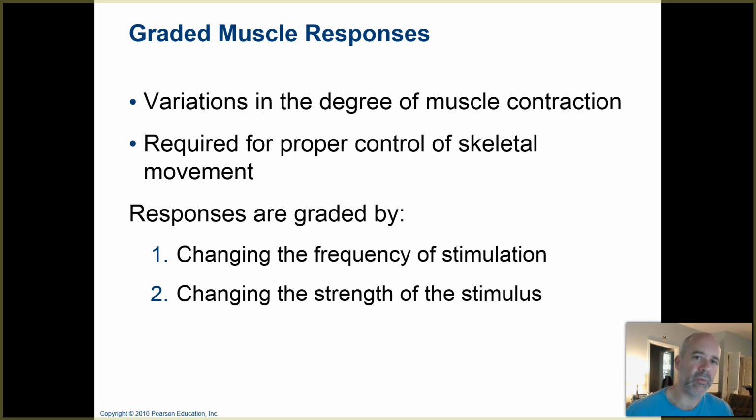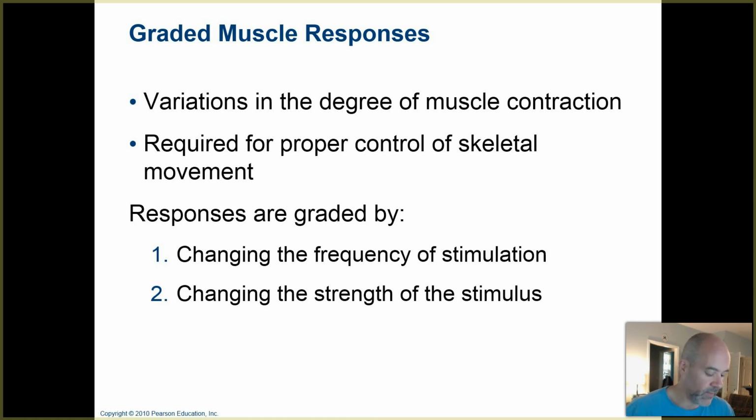Now you guys know that typically when you're using your muscles, you don't just have one twitch that lasts a fraction of a second. That's not really how they work. In reality, your skeletal muscle fibers are receiving repeat stimulation, multiple action potentials from motor neurons, so that they will maintain contraction for as long as they're needed.